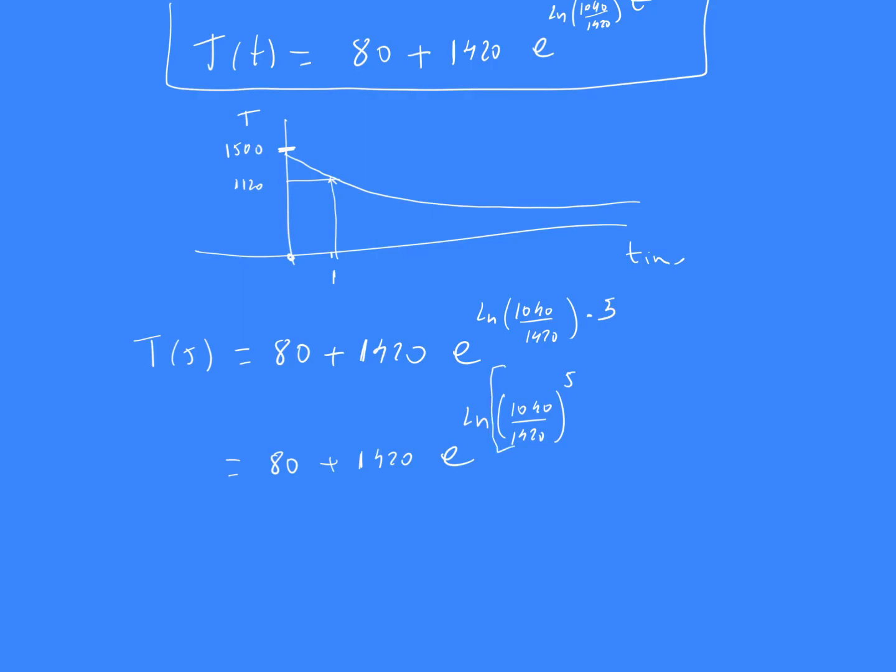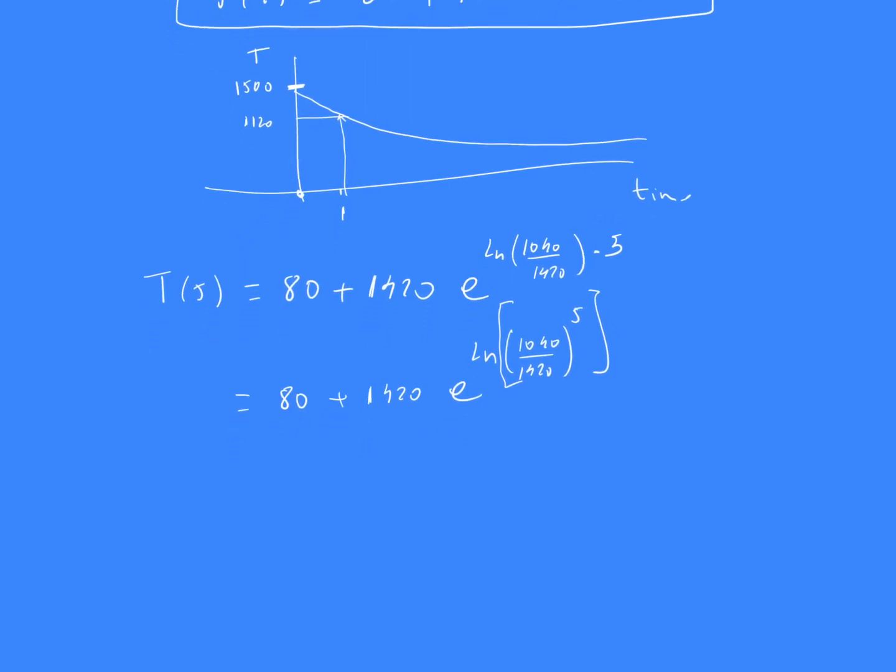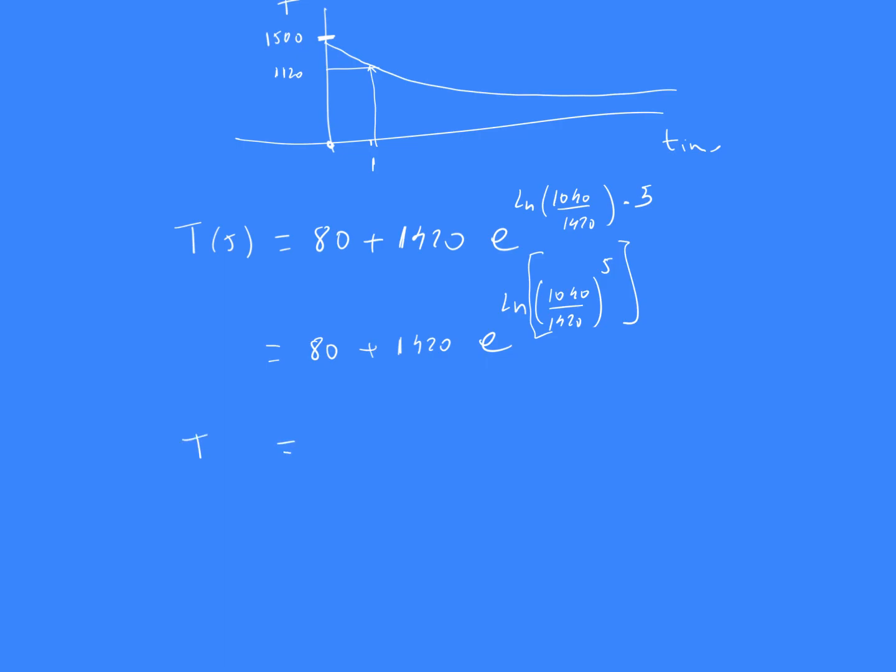This is the number. So the temperature after 5 hours will be 80 plus 1420 times e to the natural log of the number, multiplied by 5. And now you can use your calculator to obtain the final number for the temperature at 5 hours.